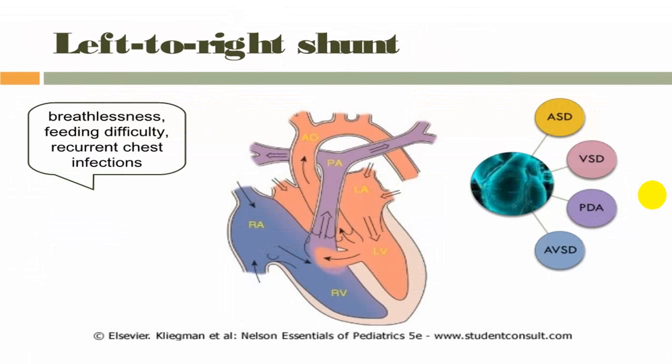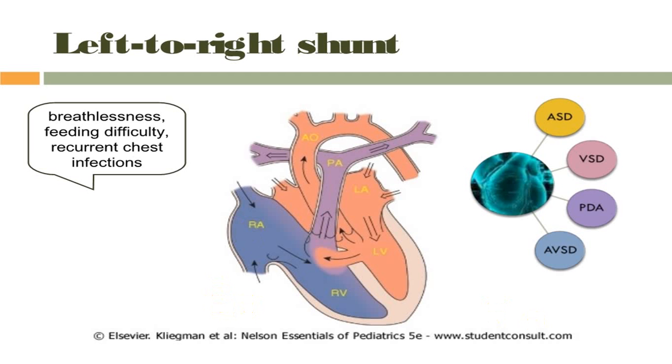So these are the four common conditions which we'll be discussing one after the other, that is ASD, VSD, PDA, and atrioventricular septal defects. This belongs to what we call a left to right shunt, meaning oxygenated blood is going to the deoxy side, and those congenital heart diseases will not have cyanosis.